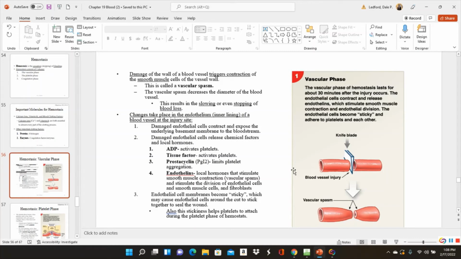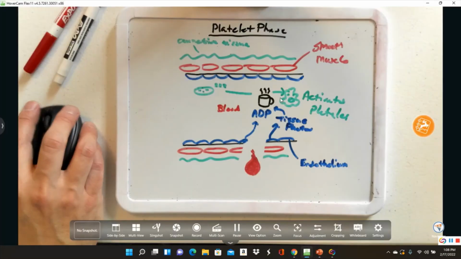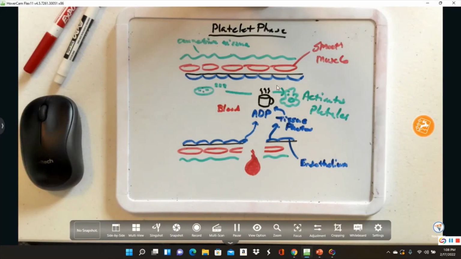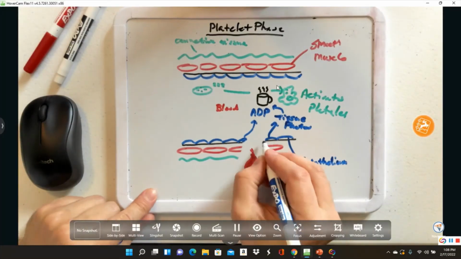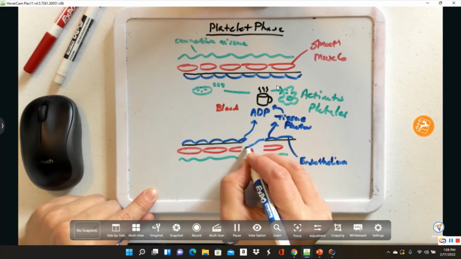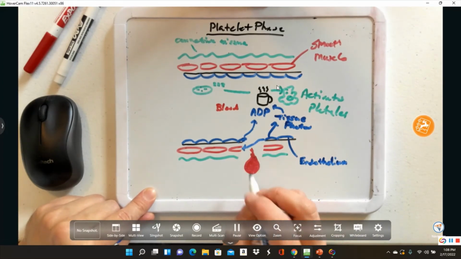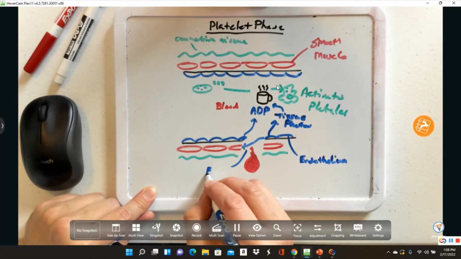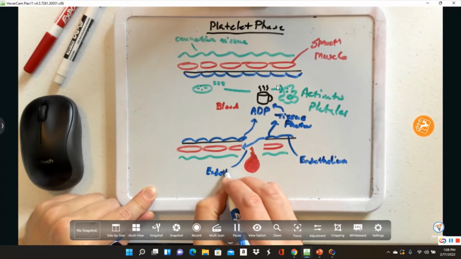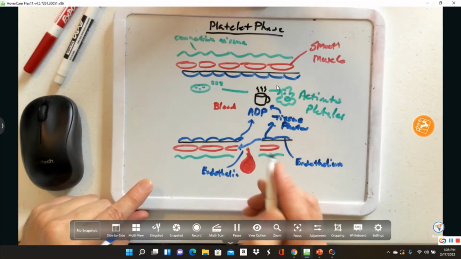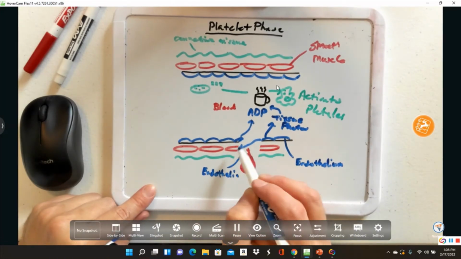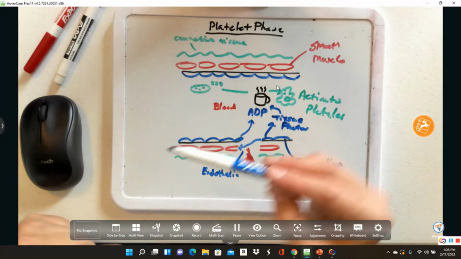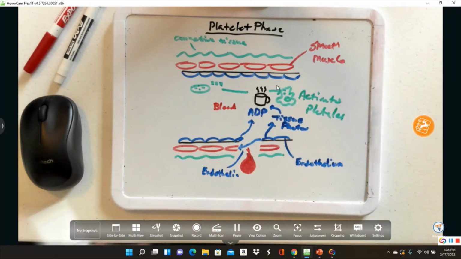Now, there is something called prostacyclin, and then there are endothelins. How did we get the vascular stuff? Let's talk about endothelins first. Endothelins are going to go to the damaged smooth muscle layer, and endothelin is going to cause it to contract and spasm down and prevent the loss.